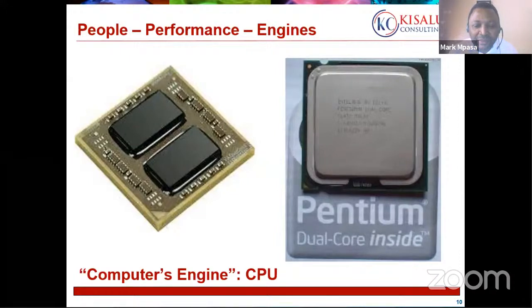In terms of computing, we also talk of engines. Our engine here is what is called the central processing unit, which powers computers everywhere. In the same context, one person or one engine, one cylinder, multiple cylinders.